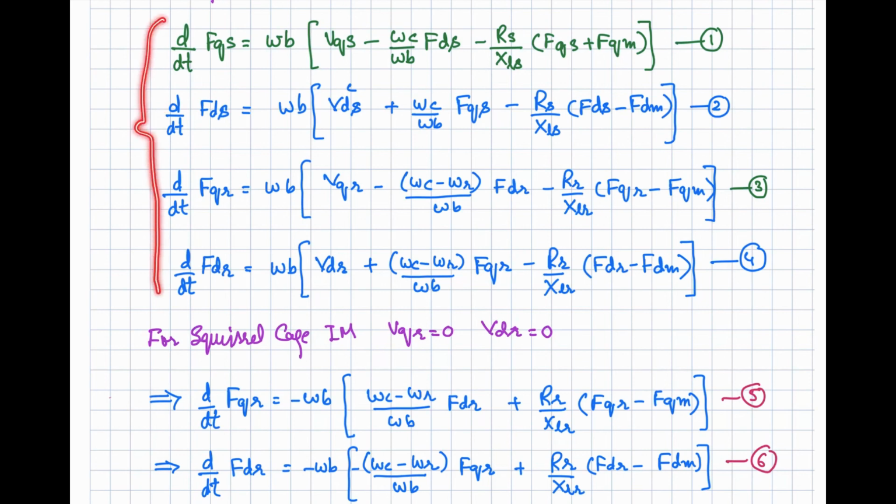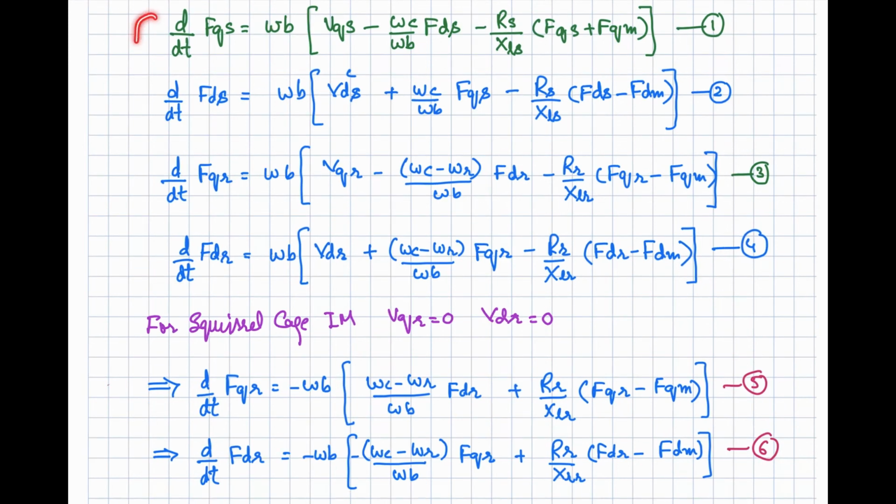However, these four equations are defining the state space equation for any generic induction motor, that can be a squirrel cage machine, that can be a wound rotor type machine. So these four equations are very important and will be used in the upcoming videos to establish the state space model of the induction motor in different frames of reference.